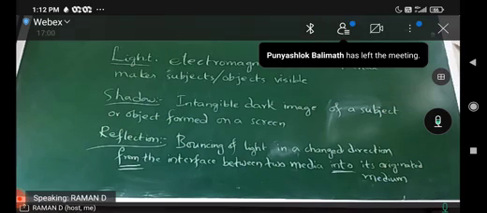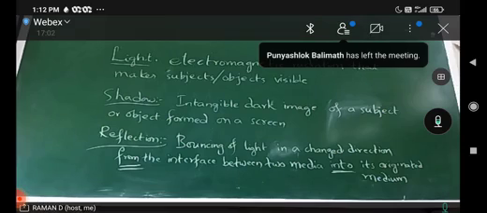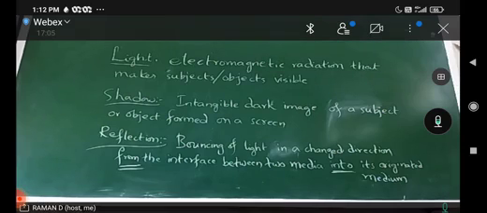Non-luminous objects are all human bodies, all animal bodies, plant bodies, a door, non-shiny substances, planets. All these are non-luminous objects only, right?